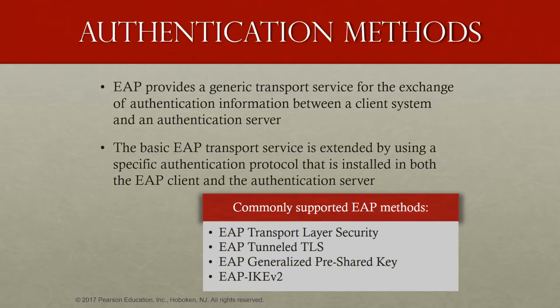As in EAP-TLS, a secure connection, the tunnel, is established with secret keys, but that connection is used to continue the authentication process by authenticating the client and possibly the server again using any EAP method or legacy method such as PAP, Password Authentication Protocol, and CHAP, Challenge Handshake Authentication Protocol. EAP-TTLS is defined in RFC 5281.